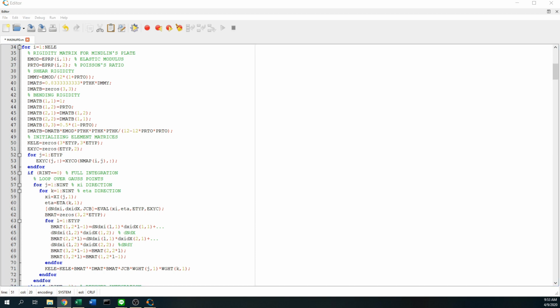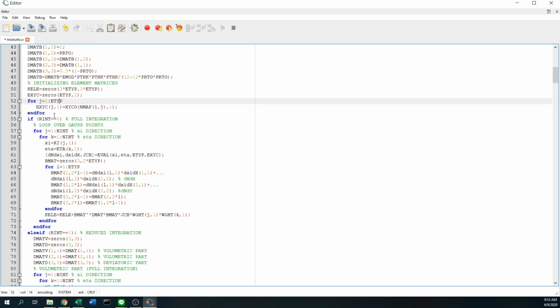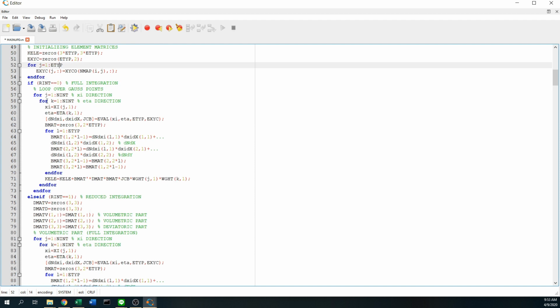You don't have more than that. So keep going. For J equals to 1 to element type, okay, this is just to transfer the XY coordinate. Now the reduced integration issue.